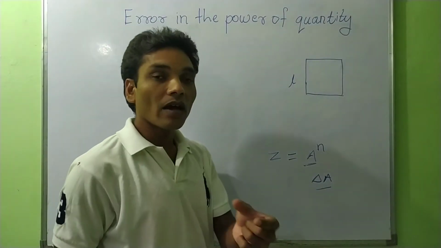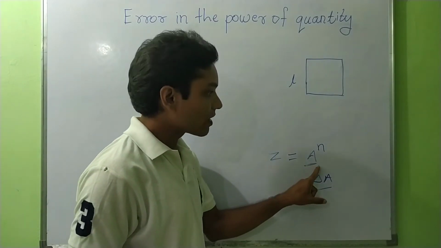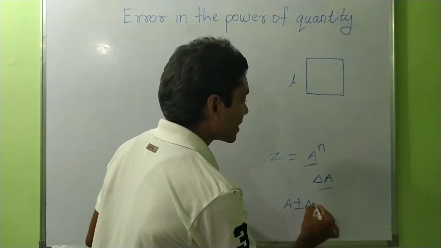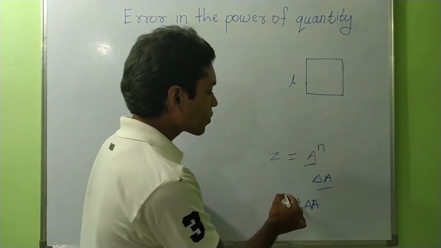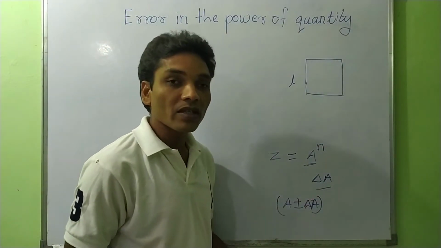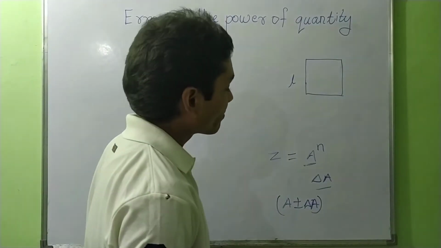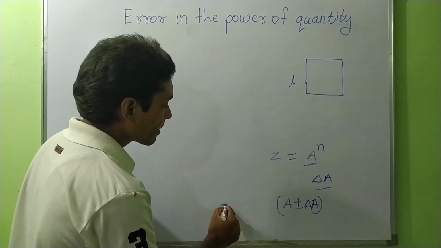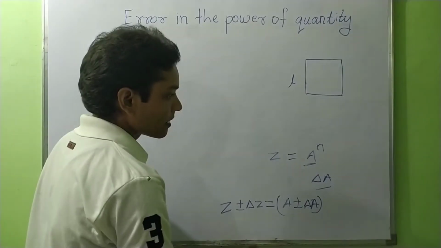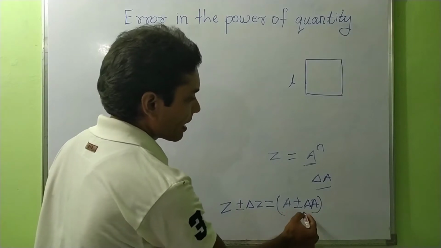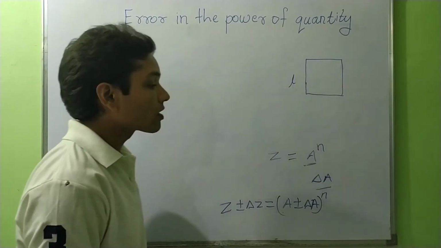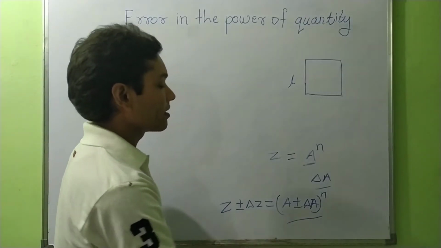So the total amount of this measured physical quantity will be A plus minus del A. So the total of this physical quantity will be represented by Z plus minus del Z, and the power of A plus minus del A will be N, because we are considering the power of the physical quantity.